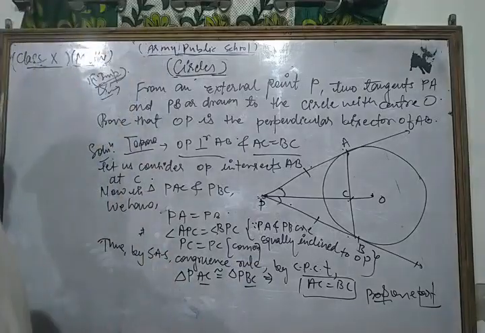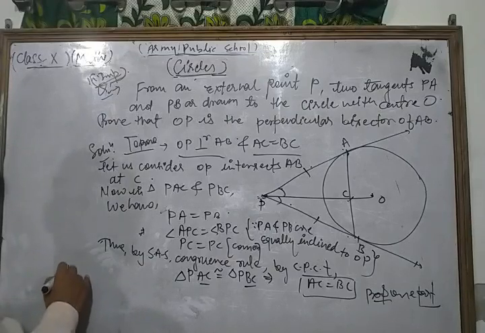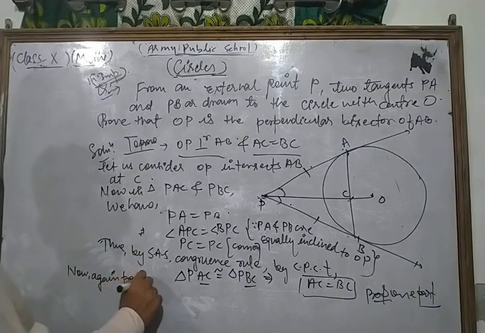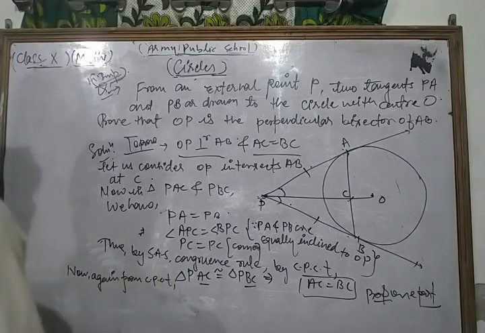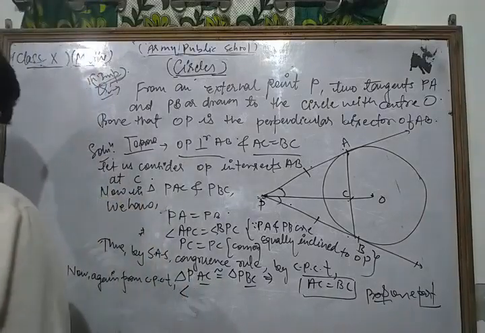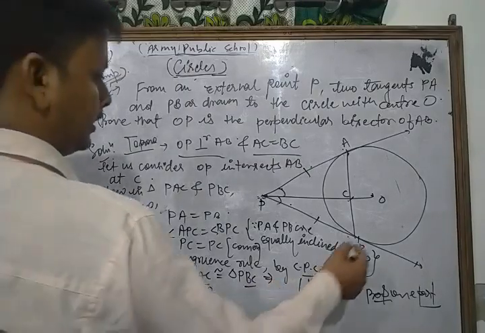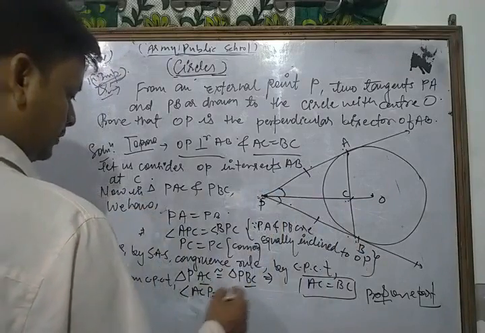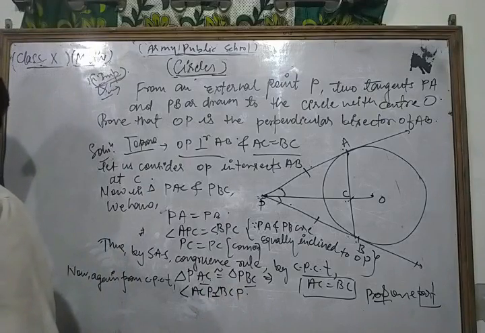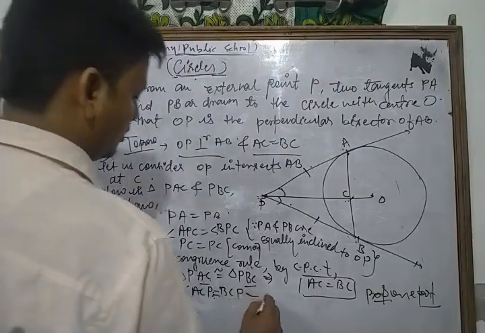Now, again by CPCT, angle ACP is equal to angle BCP. This is also by CPCT. Take this as equation number 1.